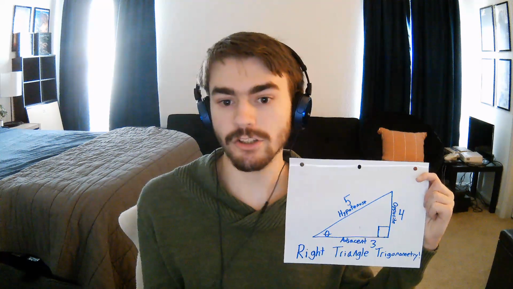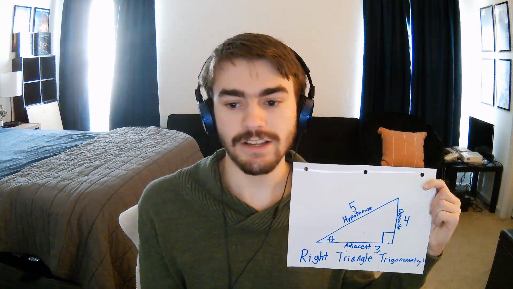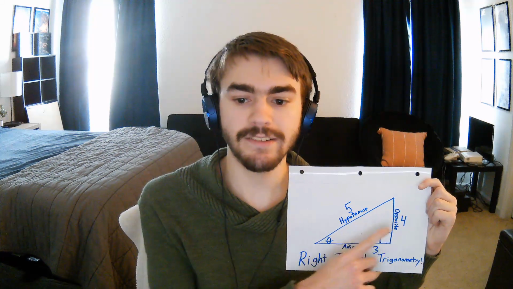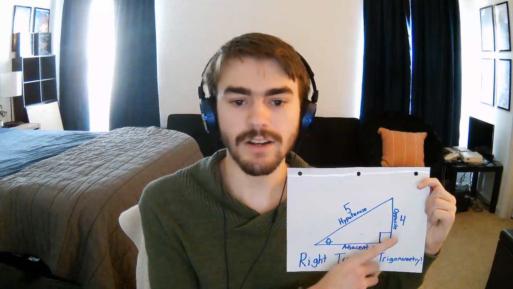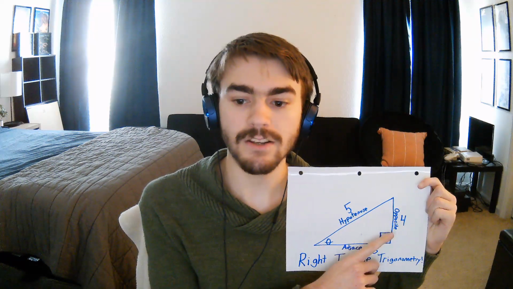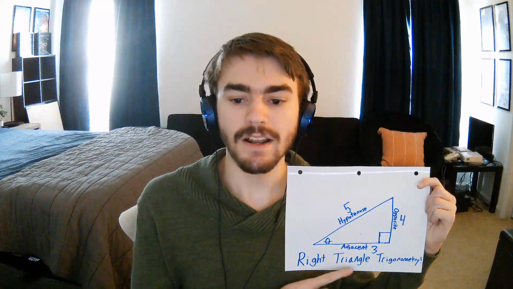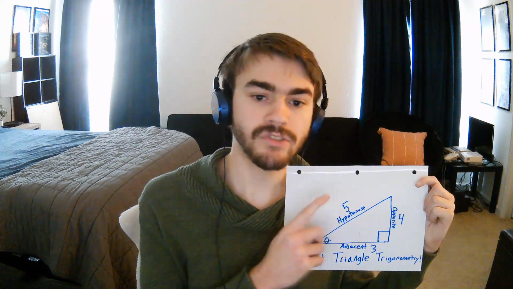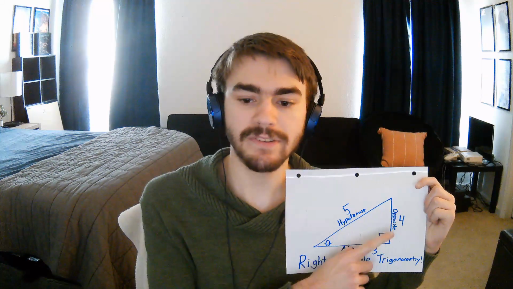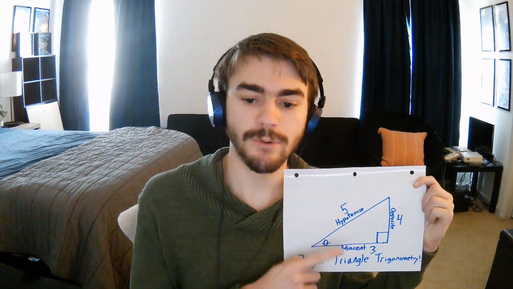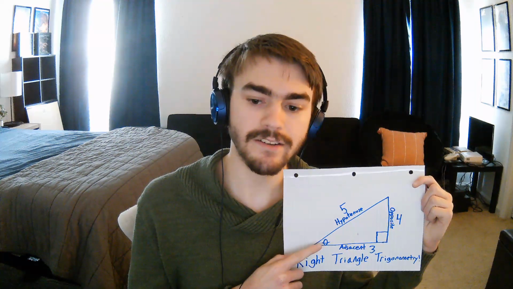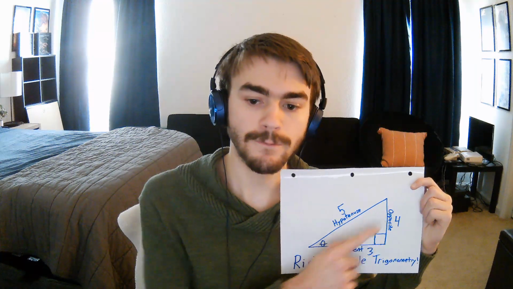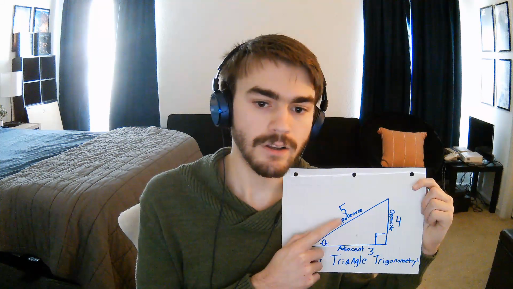So what is the SOH? Well, we look at where the angle is, and then O stands for opposite. So we see the side that is on the opposite side of the triangle, and that's our value. And then we divide that by H, which is our hypotenuse. So sine is opposite over hypotenuse. So sine of this theta here is equal to 4 over 5.